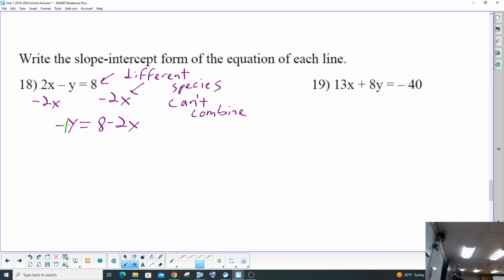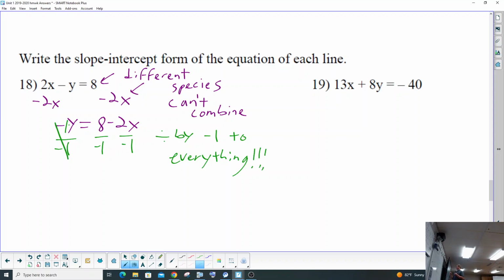How we do that is either multiply, or I just like to say divide that negative 1 all the way across. If you do it to one side, you have to do it to everything on the other side. So divide by negative 1 to everything. You can't just do it to one thing.